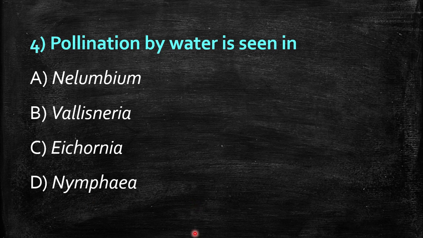As I told you, some plants occur in water and may be hydrophytes, but the pollination is carried out by different factors. So you guess the answer. Yes, B, Vallisneria. Pollination by water is seen in Vallisneria. Though Nelumbium, Eichhornia, and Nymphaea are hydrophytes, the pollination is carried out by insects.